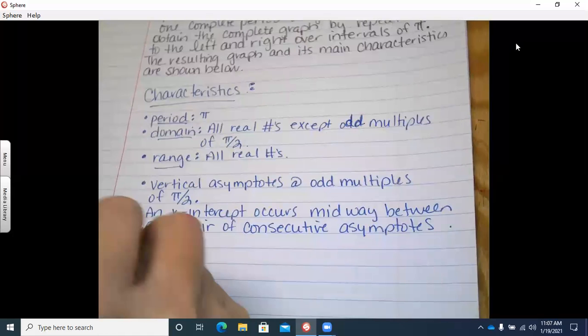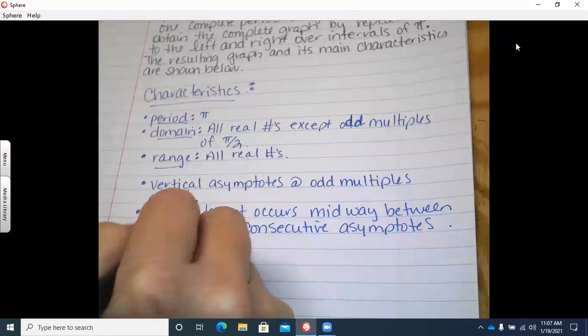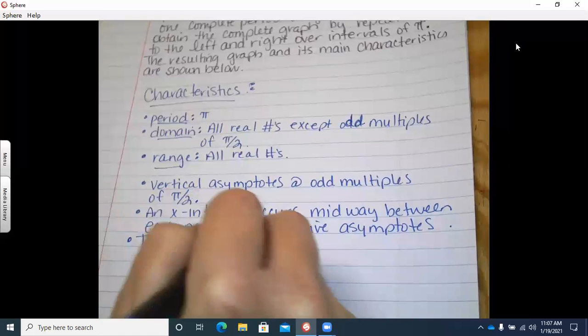And one more thing, tangent functions are odd with origin symmetry.